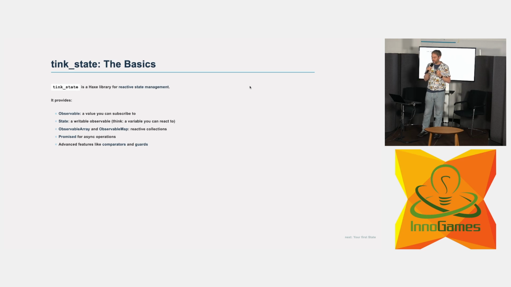But first, Tink State is a library for reactive state management, and it gives us a couple of classes and things we will look at, mostly the observable class we just learned about, values you can subscribe to. But it also gives us a state class.